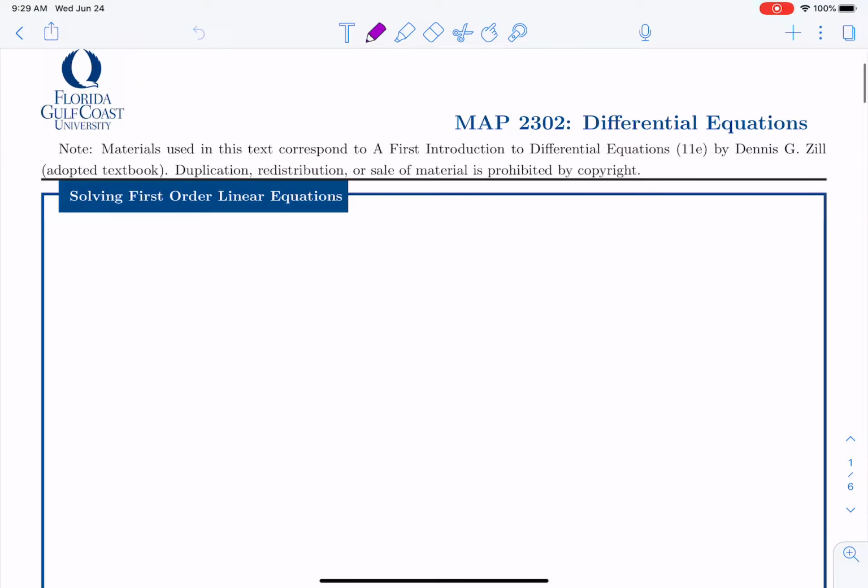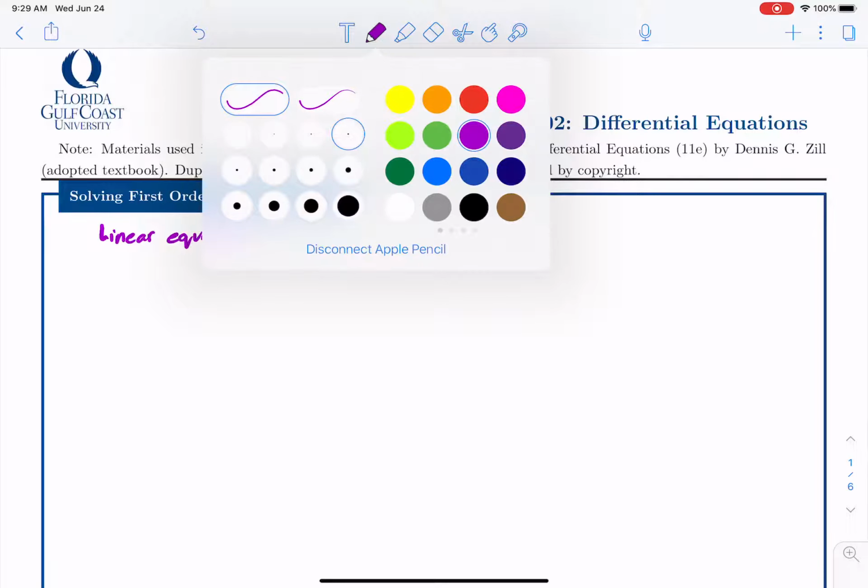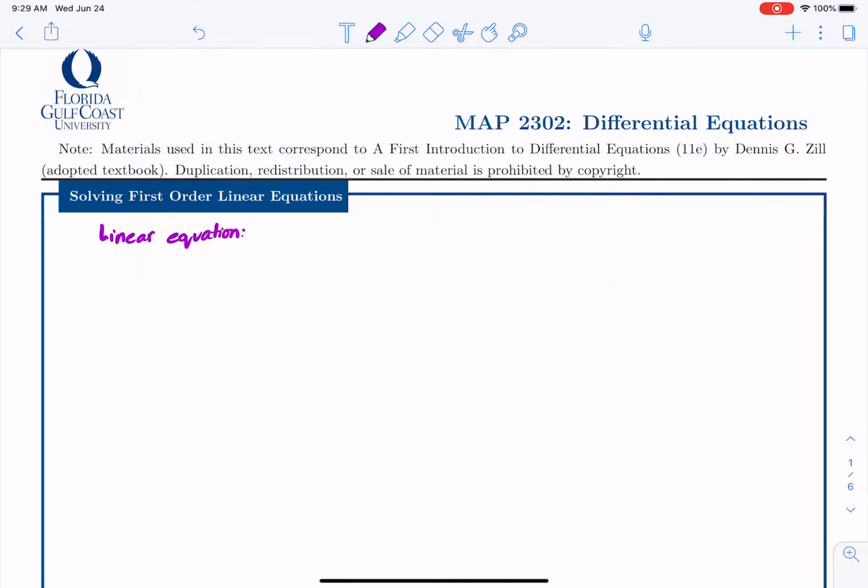If we go back and look at the definition of a linear equation, a linear equation is defined as one where we have some function b_n of x and the nth derivative, b_(n-1) of x and the (n-1)th derivative, all the way up to some function b_1 of x, the first derivative, and some function in terms of x and y.